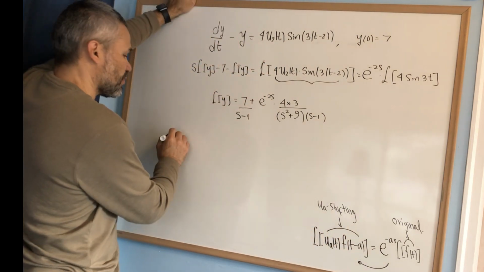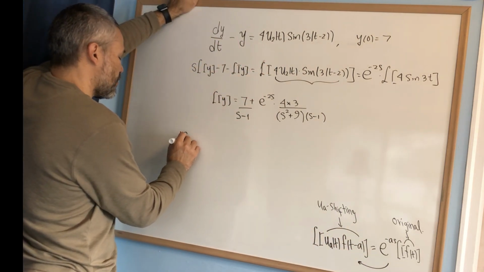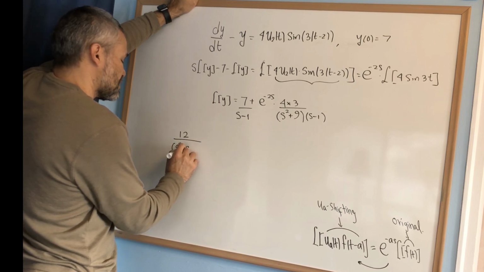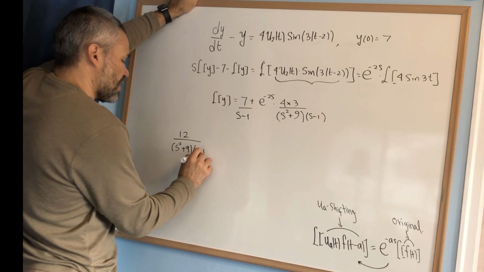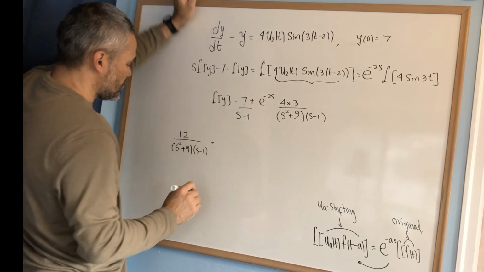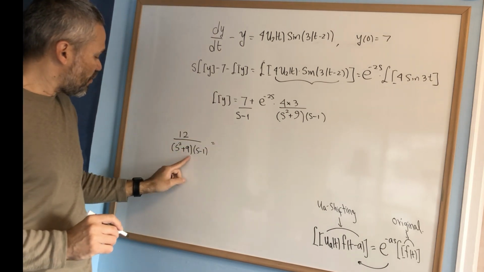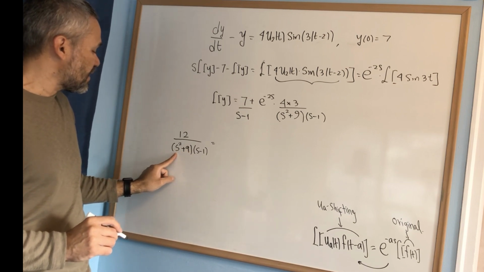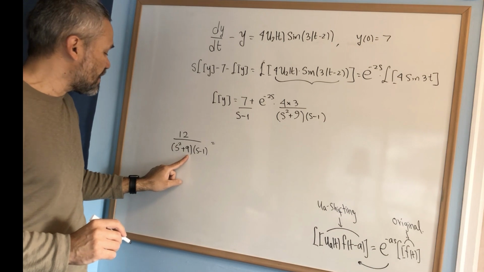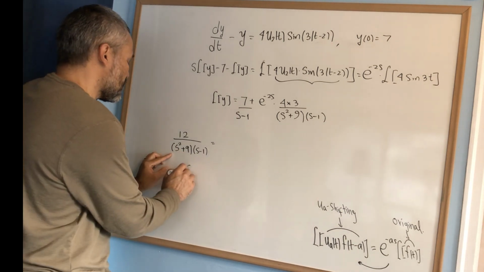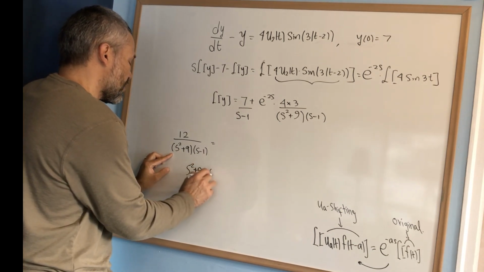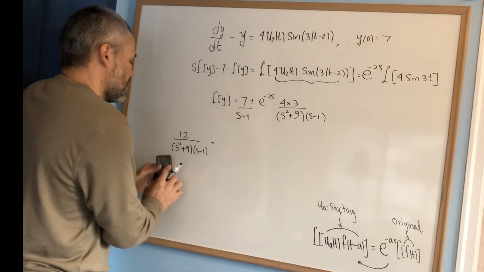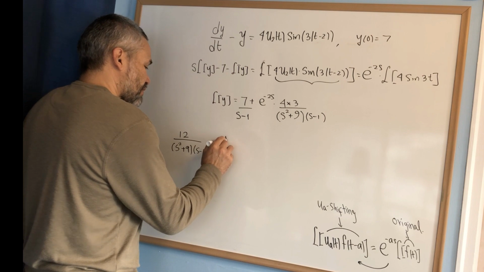Let's rewrite that expression. We have 12 over s squared plus 9 times s minus 1, using partial fractions. This polynomial of order 2, s squared plus 9, is irreducible. When you think about the equation s squared plus 9 equals 0, you see that it doesn't have a solution in the real numbers, which means that you cannot factor it, and therefore you can proceed with the partial fraction decomposition.